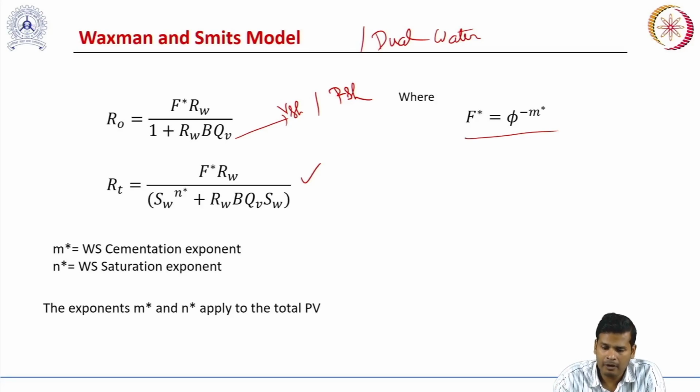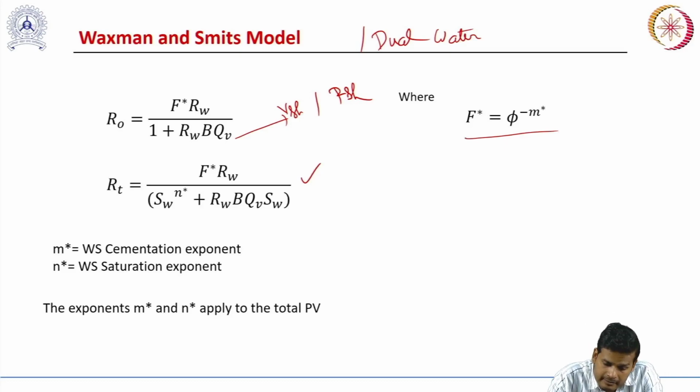I am not going to discuss the derivation of the Waxman-Smith model or the dual water model, as time is limited in this course and everything cannot be covered. Those students who are interested in the details, the derivation of the Waxman and Smith model and the dual water model, can refer to different books, and you can easily find the derivation of such models.